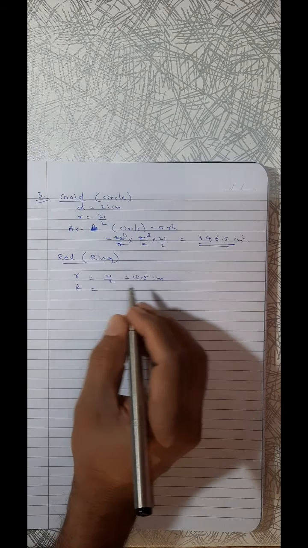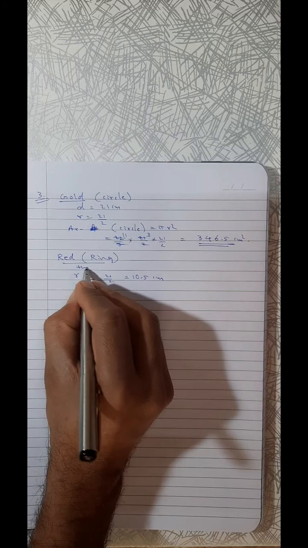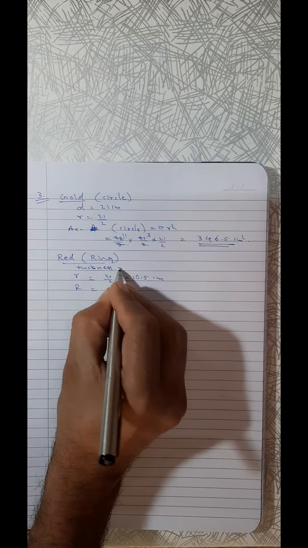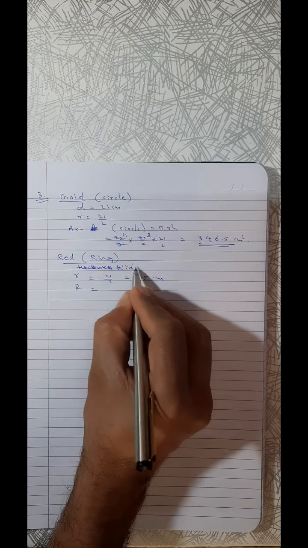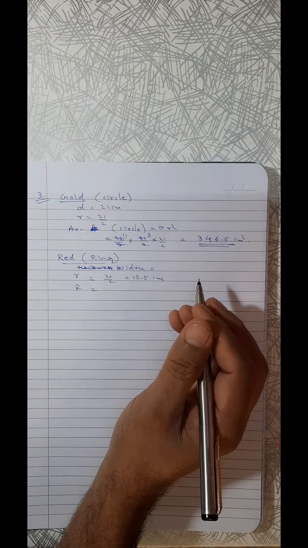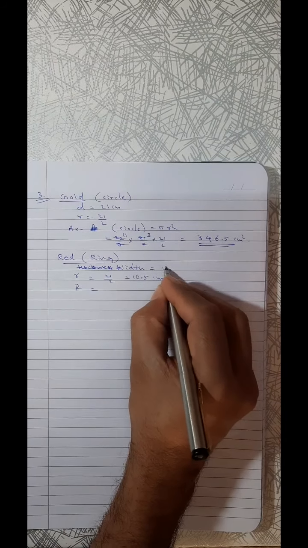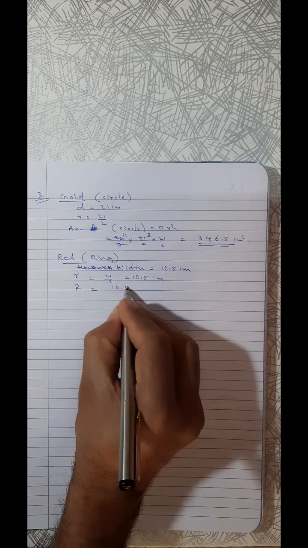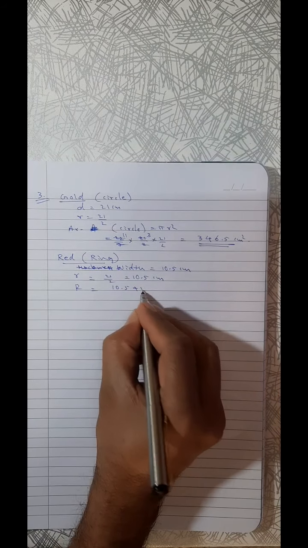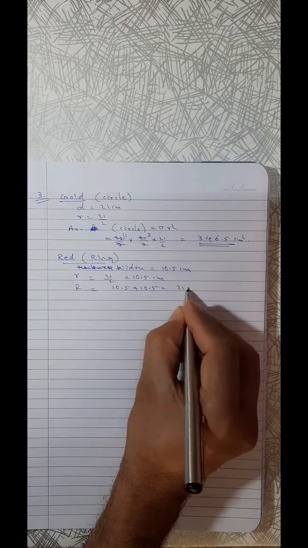Capital R means what? Thickness has to be added. Thickness, yeah, width. Width word is more suiting. Width equal to 10.5 centimeter. So capital R is going to be the small radius plus 10.5, that is 21 centimeter.